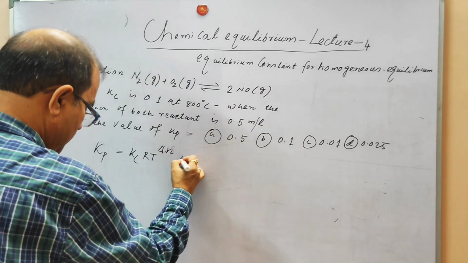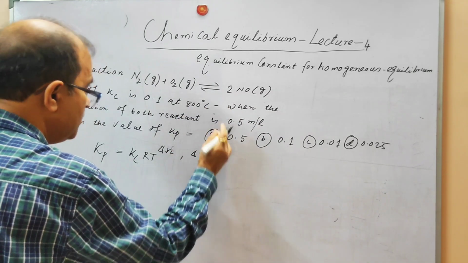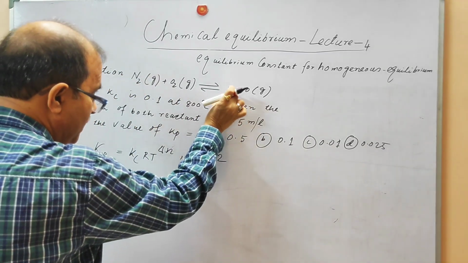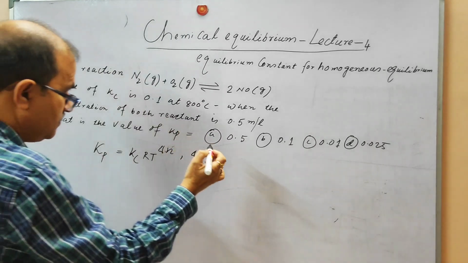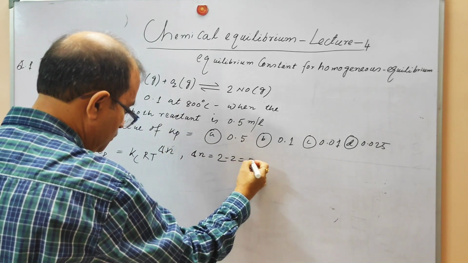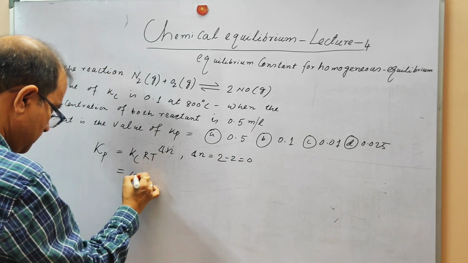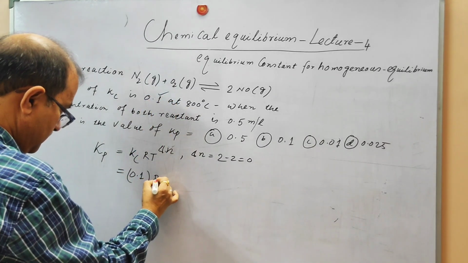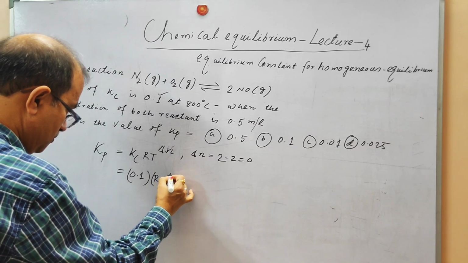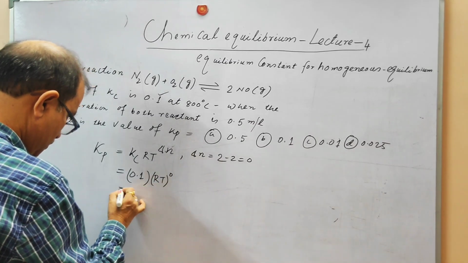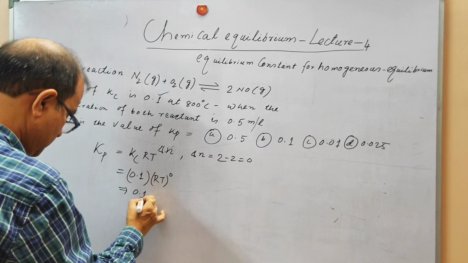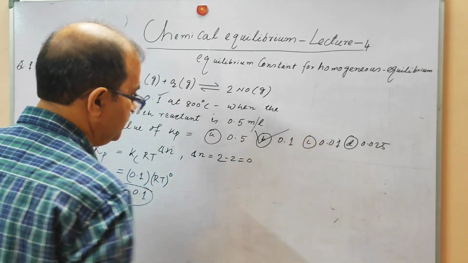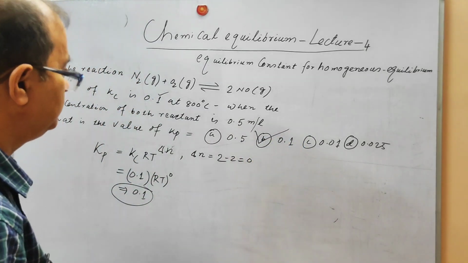Moles of the product is 2 and moles of the reactant is 1 plus 1, that is 2, so del n will be 0. So Kc is 0.1, and RT to the power 0 is 1, so Kp is basically 0.1. This is the right answer.